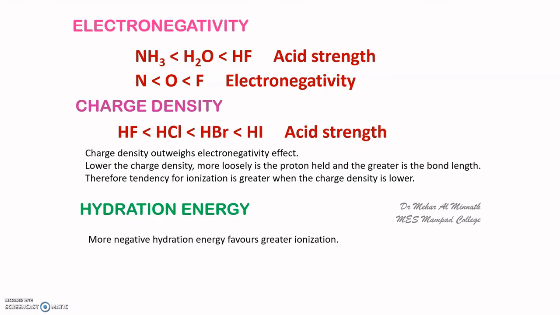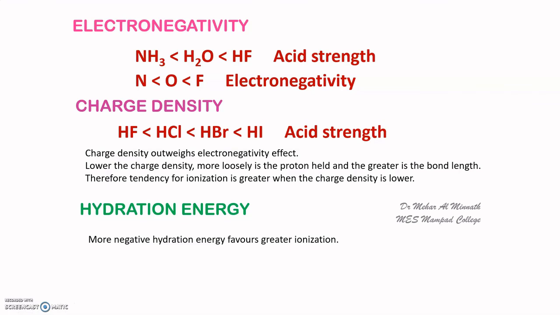For halogen acids, the enthalpy of ionization is most negative for HI and least for HF. Hence the tendency for ionization and acid strength is most for HI and least for HF. So this is the order of acid strength of all the halogen acids.